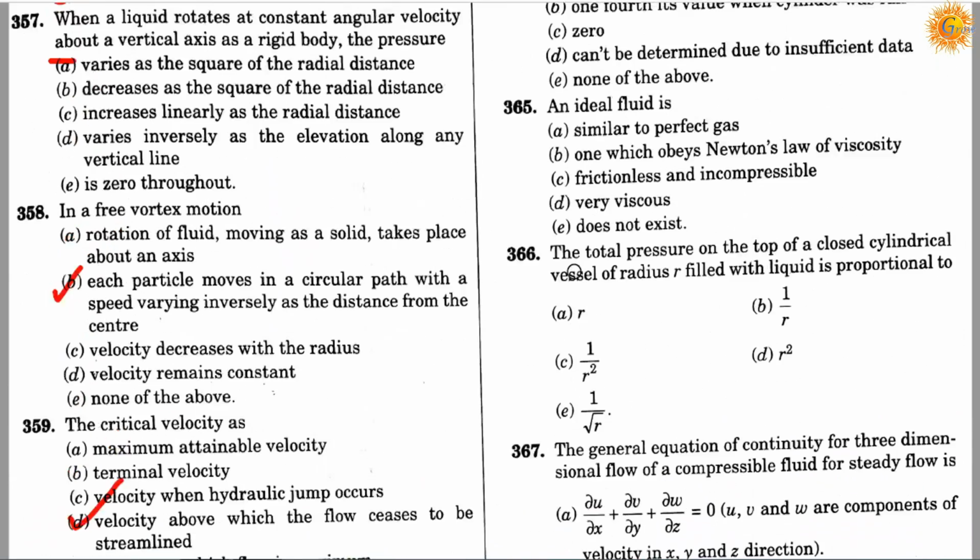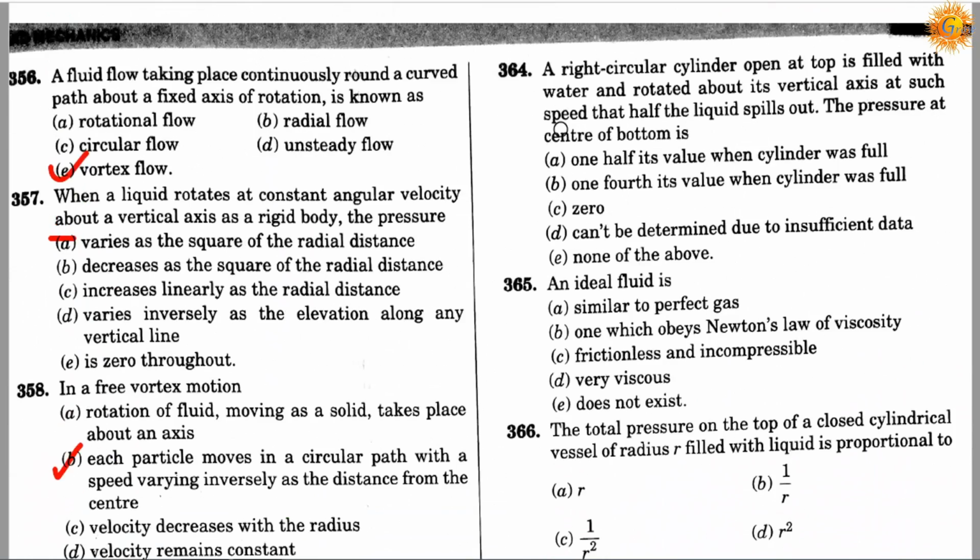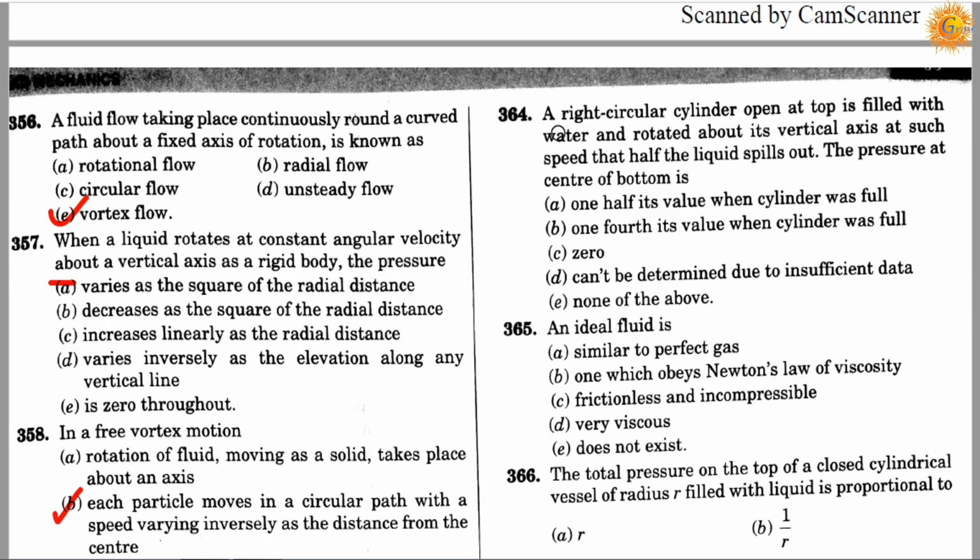Question number 364. A right circular cylinder open at top is filled with water and rotated about its vertical axis at such speed that half the liquid spills out.